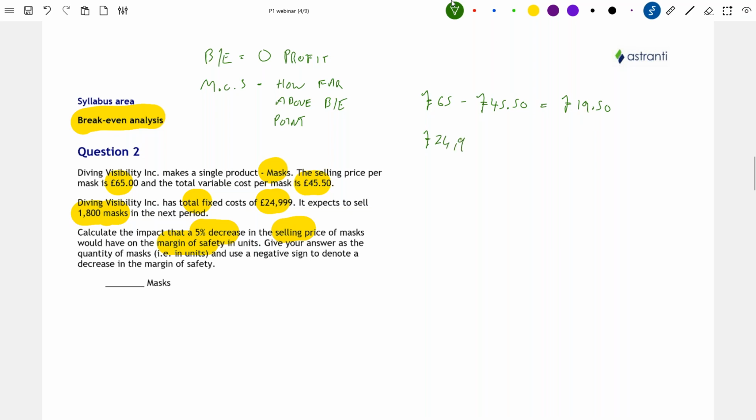So 24,999 divided by £19.50 is equal to 1,282 masks. So speaking in general, the formula you need to know for your exam is break even is the fixed costs divided by the contribution per unit.